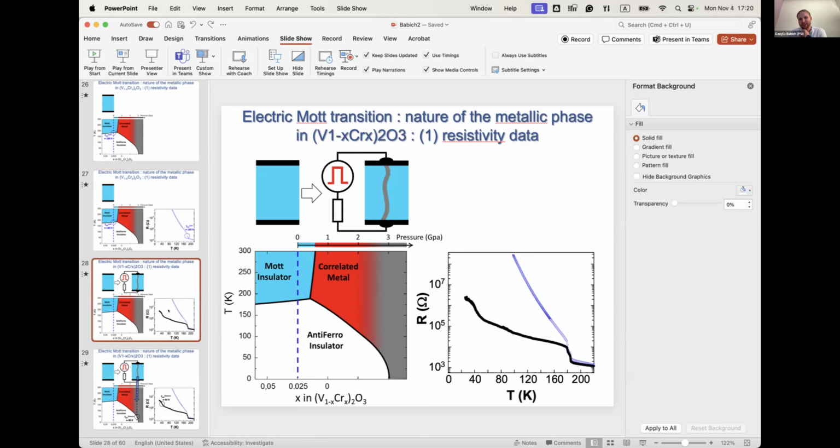Once you transit your system and make a resistivity measurement, this is before the transition, and then this is after the transition. You see that the temperature-induced phase transition from the Mott insulating phase to the paramagnetic phase is somewhere here, which would indicate this position in the phase diagram.